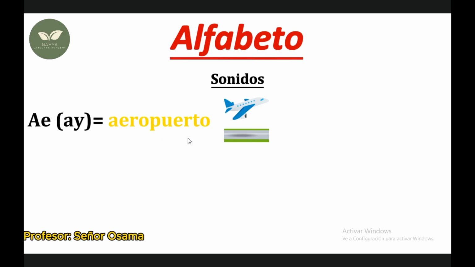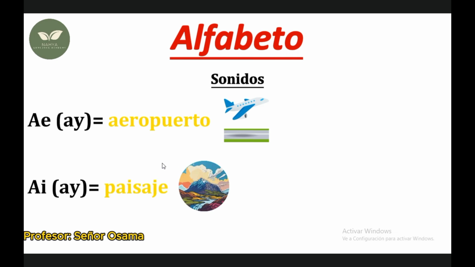Aeropuerto, airport. The next one is also ai, but here we let our mouth open a little bit, and here we close it. For example, here we say aeropuerto, but here we say paisaje, which means landscape.